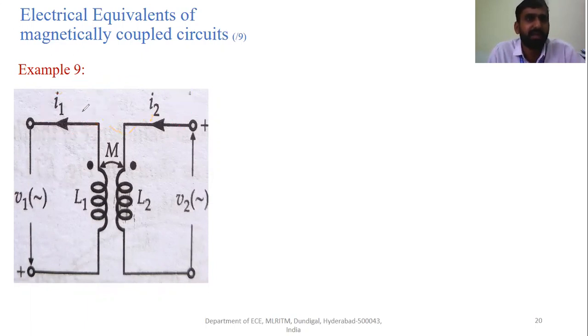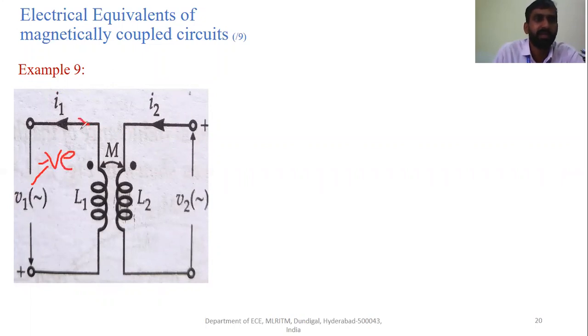So let us consider here with respect to I1. And one more thing you have to observe here is that this term is positive, but here it is negative, so the overall V1 is going to be negative, right?